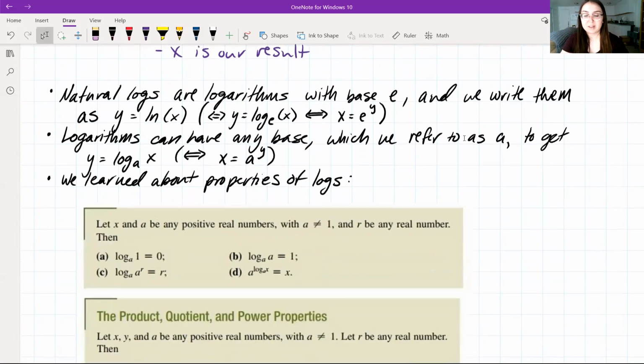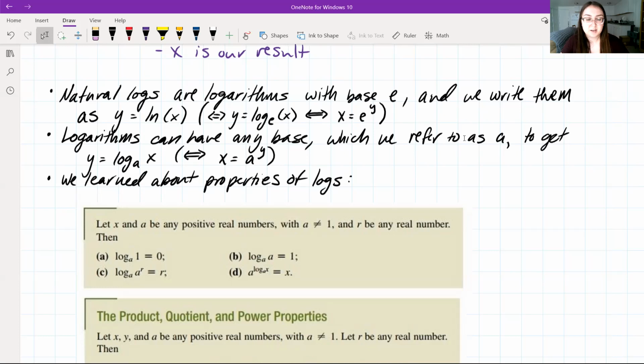We also work with natural logs, which are just logarithms of base e. We remember that e was our most useful exponential value. We write them as y is equal to ln of x. Sometimes you won't see parentheses around it, and that's okay; it's up to you whether you want to write the parentheses or not.